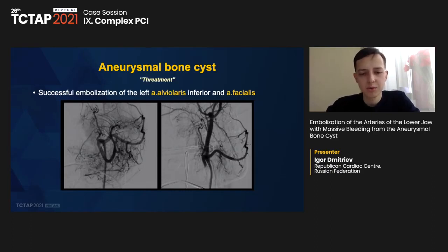It was decided to perform selective embolization on the left side. In this picture, we see the network of collaterals from left to right. Successive selective embolization of these arteries was performed with PVA 100 micron material.